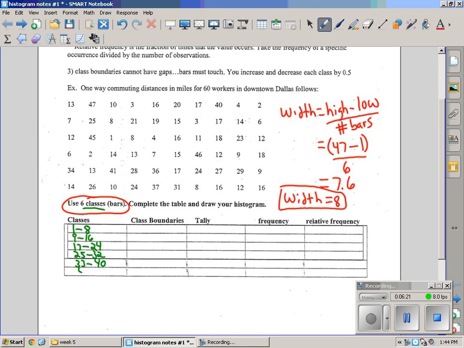And then finally 41 to 48. Because of the 8.